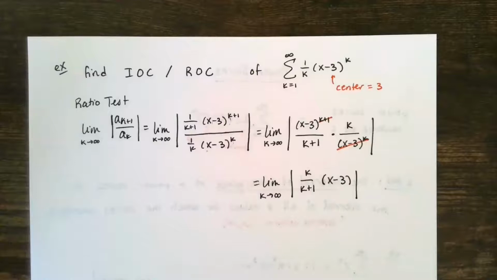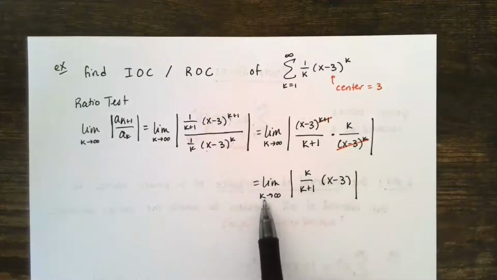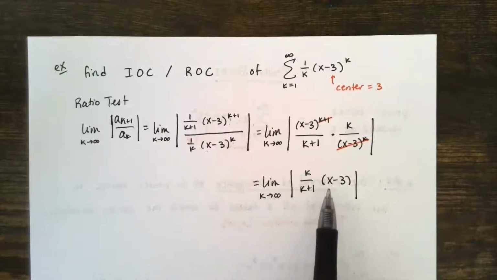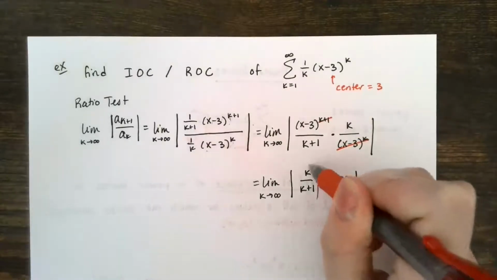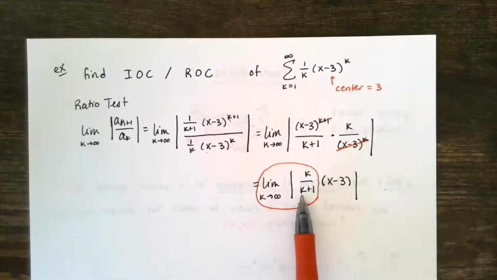Now here's the crazy part. We have k's and we have an x. k is the thing going to infinity, and x is just a mystery number. So the limit is really only happening here. As k approaches infinity, k over k plus 1 goes to 1.